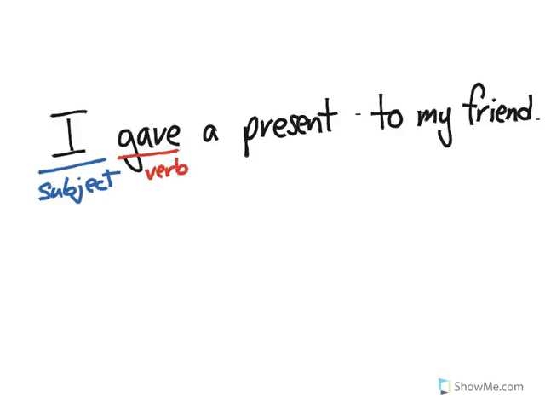Where is the direct object? A present. Do I have an indirect object here? Did I give a present to somebody or for somebody? Yes, I do have an indirect object.